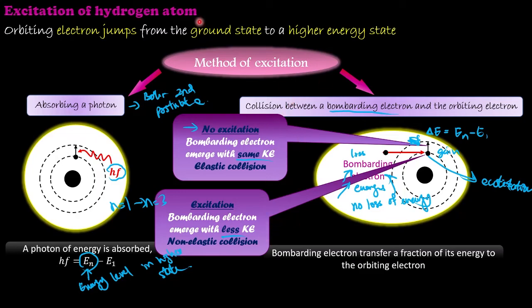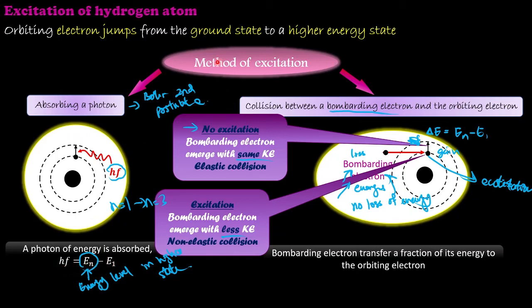So in short, when we say excitation of hydrogen atom, there are two methods. One is absorbing a photon, where the photon is an electromagnetic wave. The photon absorbed must be equal to the difference between the energy levels, so hf is equal to En minus E1.